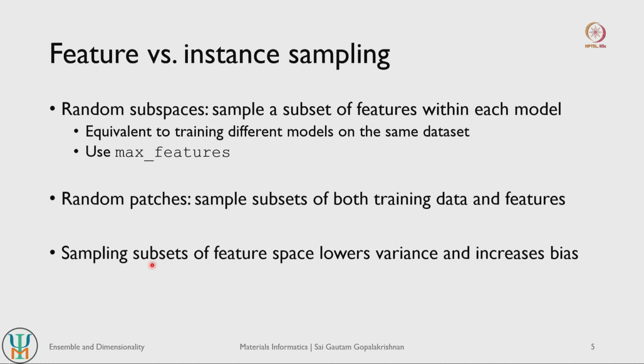One thing to keep in mind is that when you sample subsets of feature spaces, so you use random subspaces or random patches, it generally lowers your variance and increases your bias. So in other words it is a way to regularize your model, right. Random patches, keep in mind, is generally the most commonly used, but you can also use just random subspaces and not take into account any sort of instance sampling.